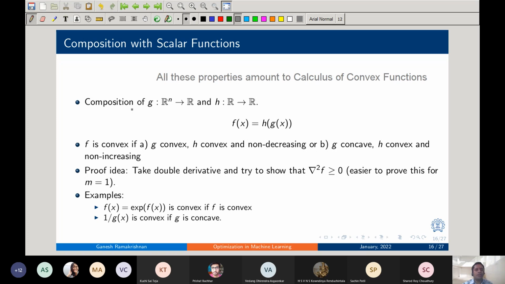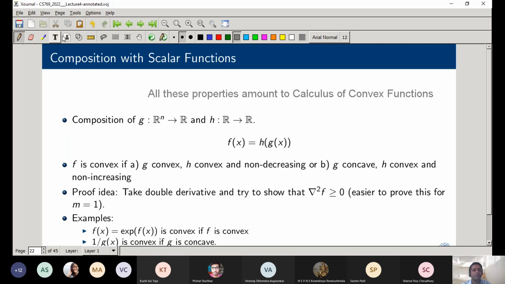Now what is this composition saying? It's saying that f of x, if it's defined as h of g of x, under certain conditions on h and g, you basically get convexity. There are two possible conditions, and let's start with the first one.